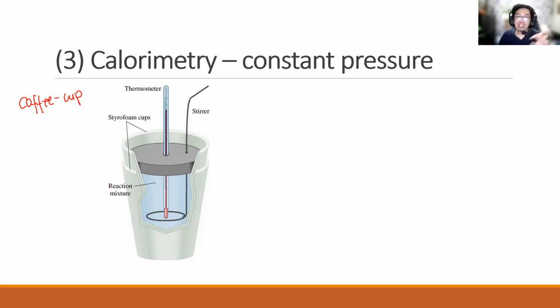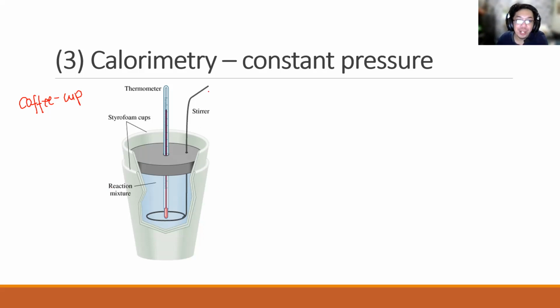And then the thermometer, then you can actually observe the reaction, or a process wherein you just mix or let the reaction happen in an aqueous media, then place it in a styrofoam cup system. How does this stirrer work?